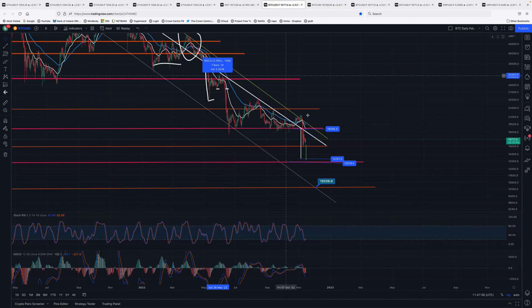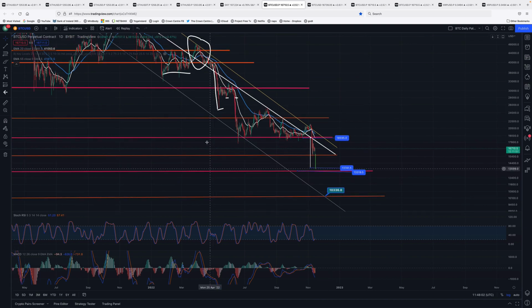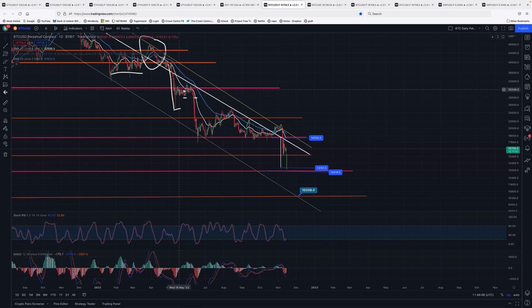So just a recap. The daily pattern shows that we have one more swing up, one more swing down, another smaller swing up, and then a bigger drop to the next level. That's what the daily pattern shows overall.